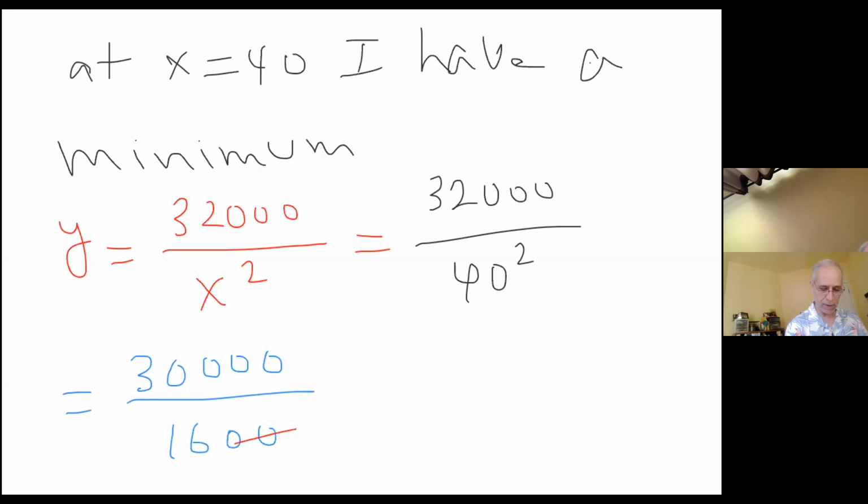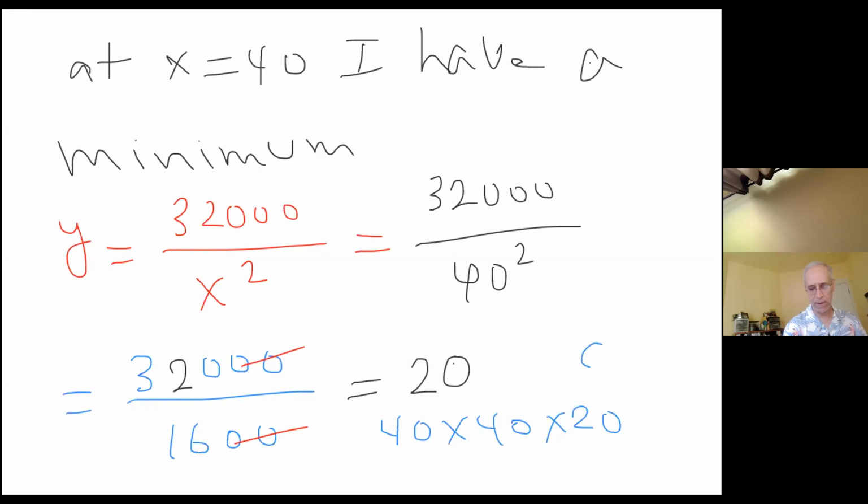Cancel the zeros. Check this, this was 32,000. So 32 divided by 16 is 2, and I have a 0. So y equals 20. So the dimensions of the box are going to be 40 by 40 by 20, and of course, the unit is centimeters. I hope this video was helpful. Thank you.